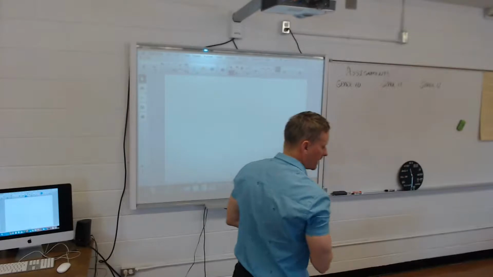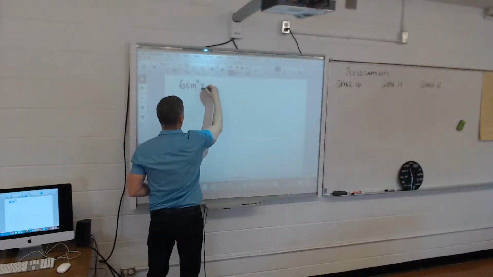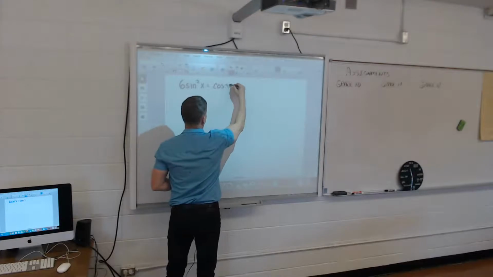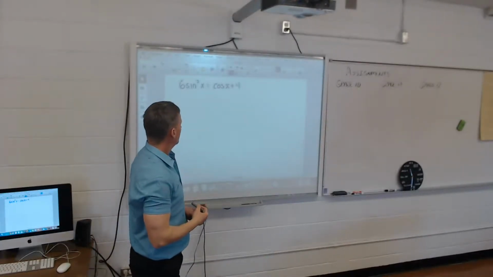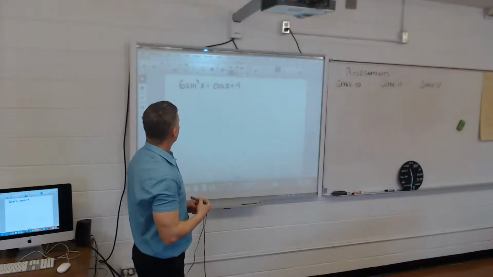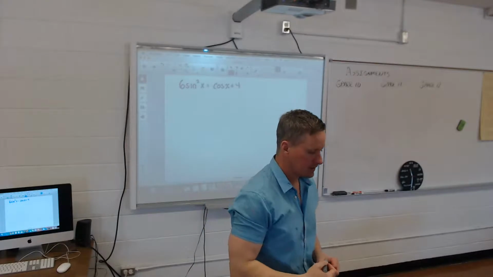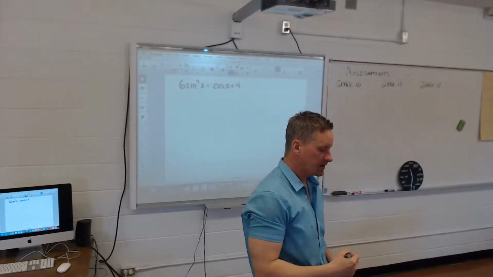6 sine squared x equals cos x plus 4. So again, I can't work with sine and cos. So I either have to make them both coses or both sines.